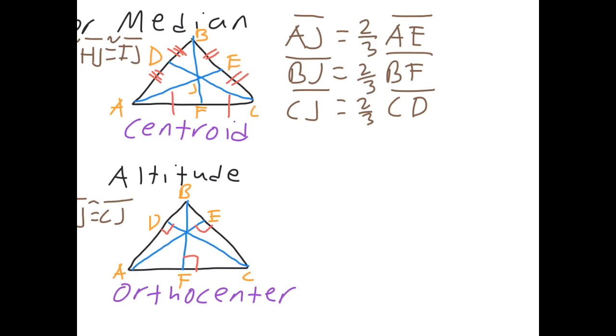And that also allows you to find some other measures. If the part going from the vertex to the centroid is 2/3 of the whole thing, that means that the line segment that goes from the centroid to the opposite side is then the difference, 1/3. So that allows you to get that line segment JE is 1/3 of the whole thing AE.